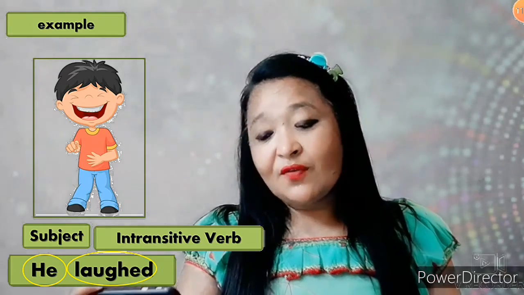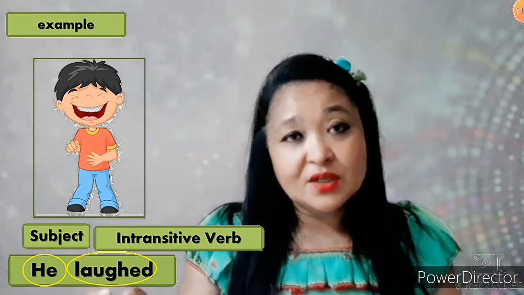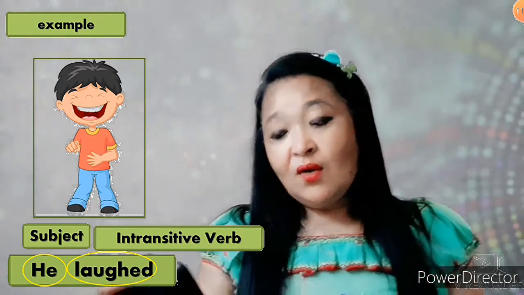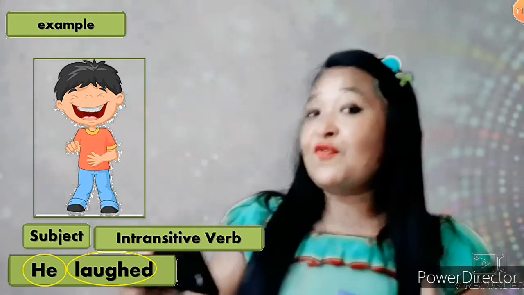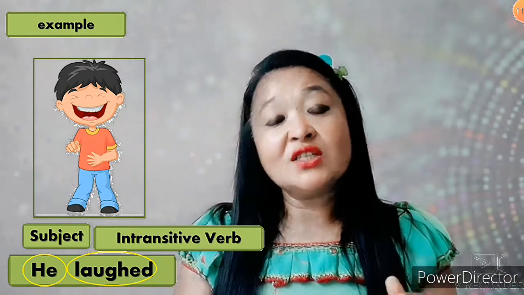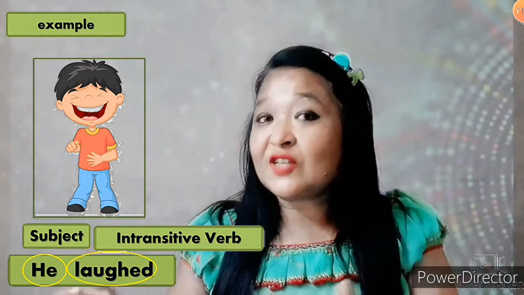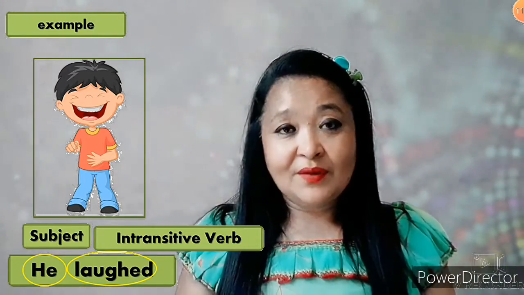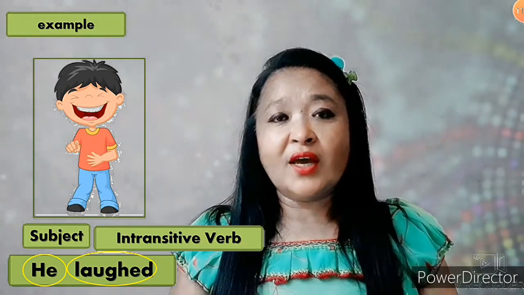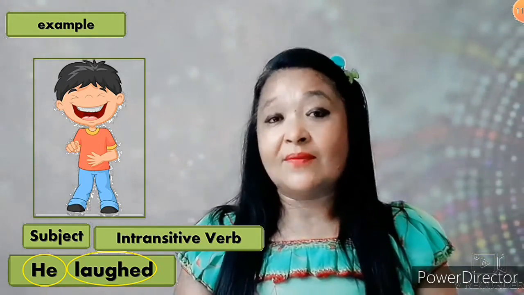And what kind of verb is laughed? Verb is intransitive. Why? Because it does not require the support of an object to complete itself. It is complete in itself. It doesn't require an object to complete its meaning.